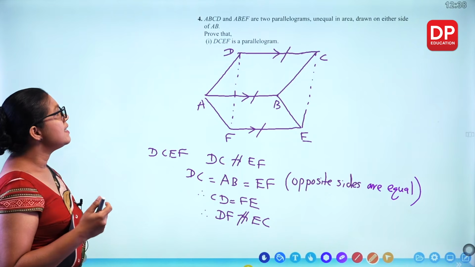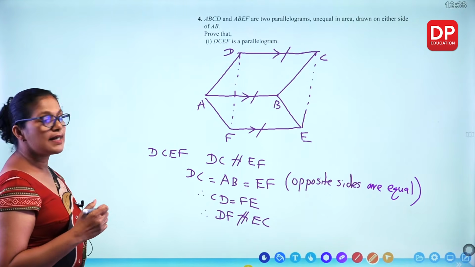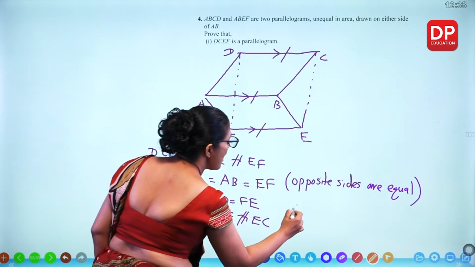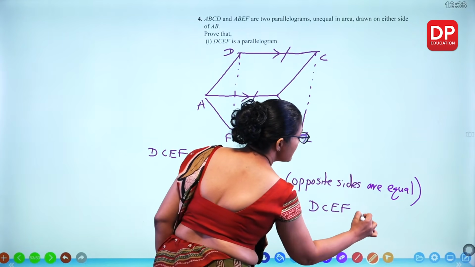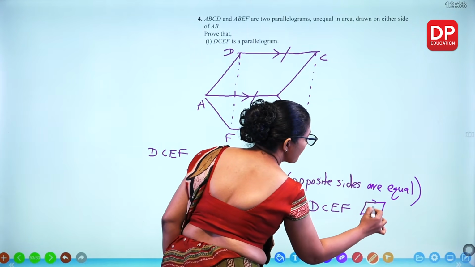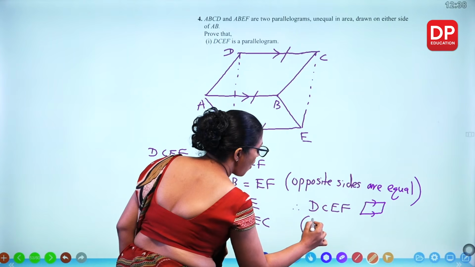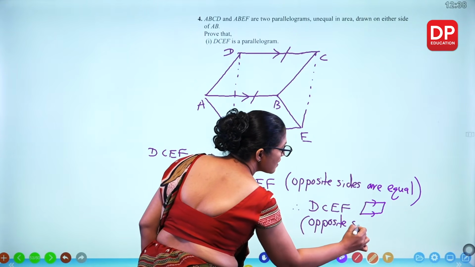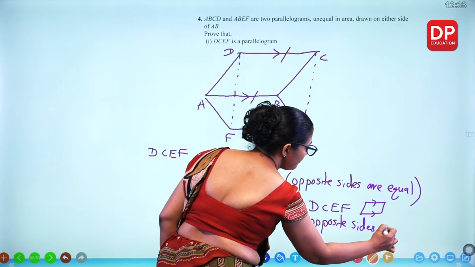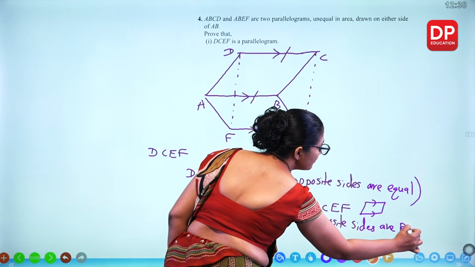That means DCEF is a parallelogram, because opposite sides are parallel.